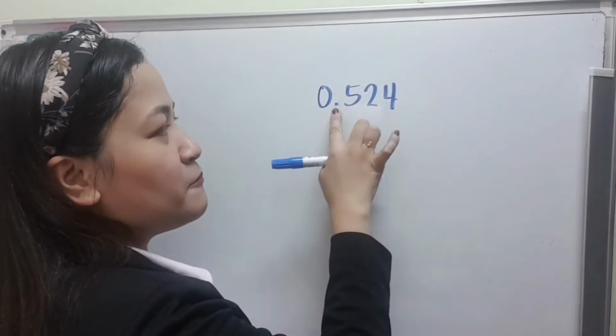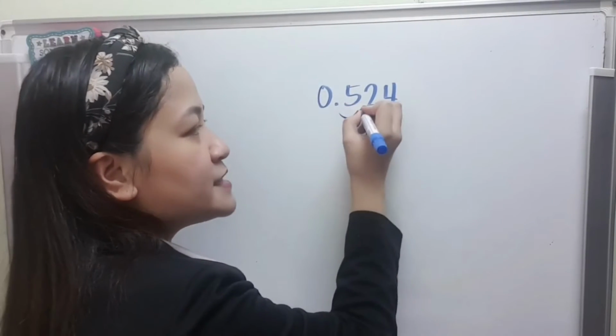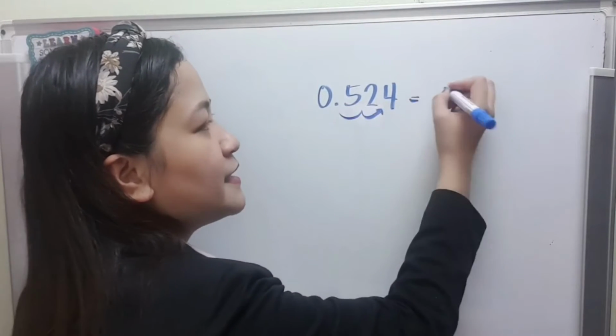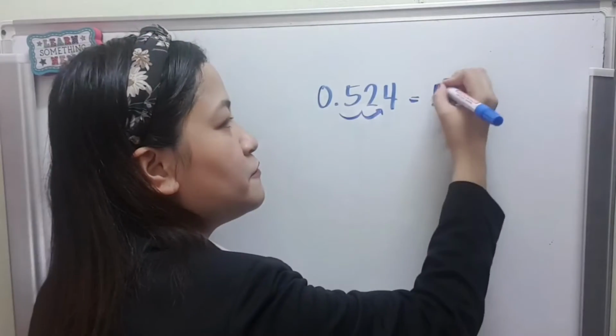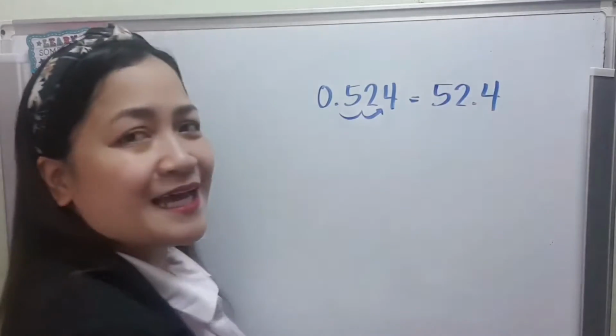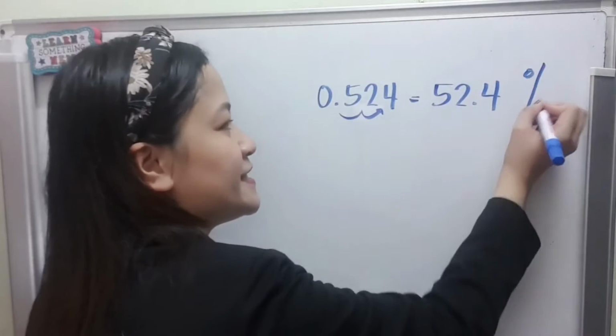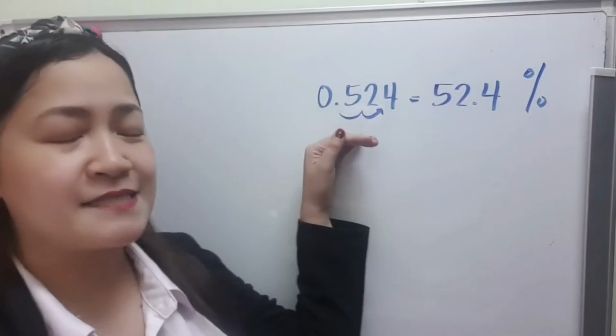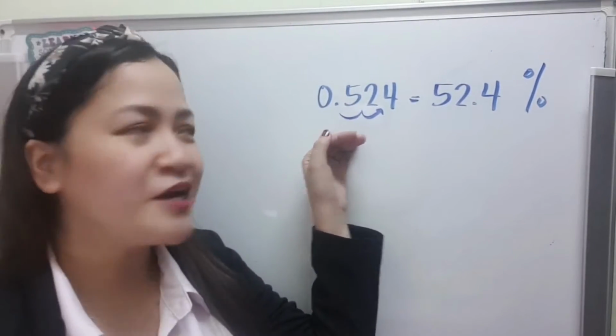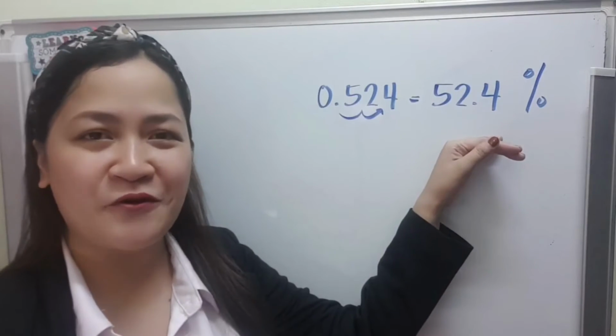Since we have here 0.524, move the decimal point 2 places to the right, making it 52.4. And then just put our percent sign. So the decimal 0.524 is equal to 52.4%.